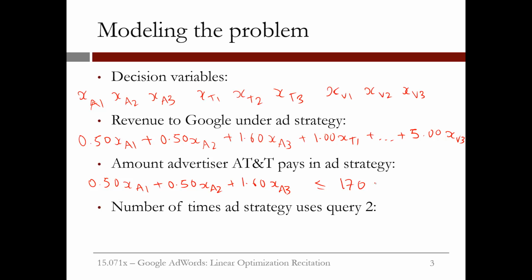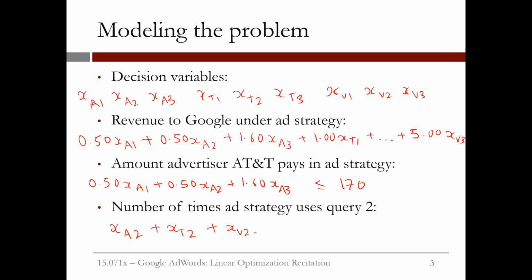Now, to get the number of times query 2 is used, we add up the decision variables corresponding to query 2. So we have XA2, the number of times AT&T is paired with query 2. We have XT2, which is the number of times T-Mobile is paired with query 2. And XV2, which is the number of times Verizon is paired with query 2.